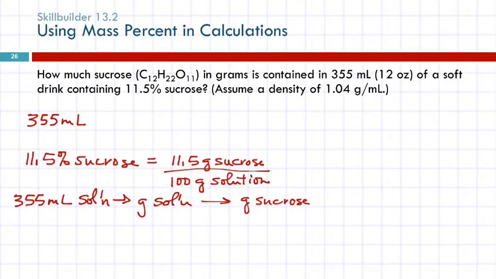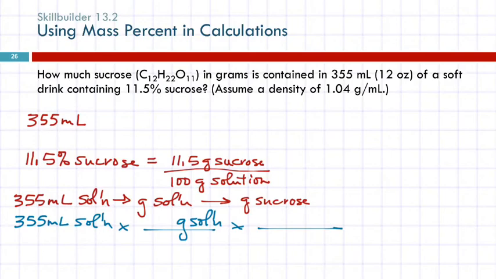So I've got 355 milliliters of solution, and I need to go to grams of solution and then to grams of sucrose.